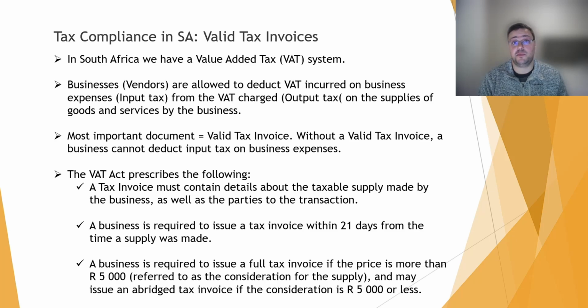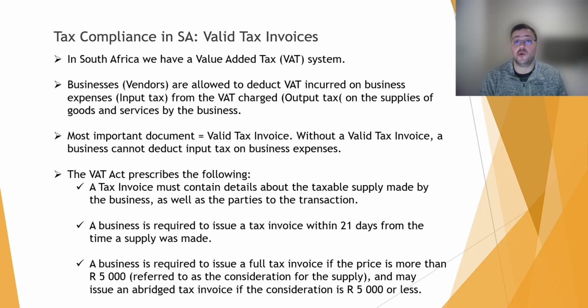The VAT Act prescribes the following. A tax invoice must contain details about the taxable supply made by the business as well as the parties to the transaction. A business is required to issue a tax invoice to its client within 21 days from the time the supply was made.